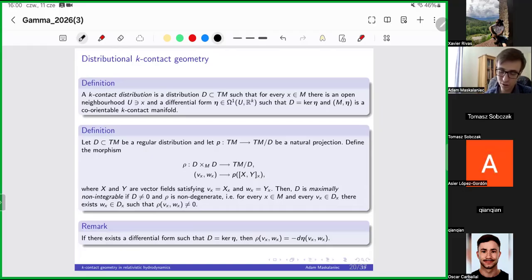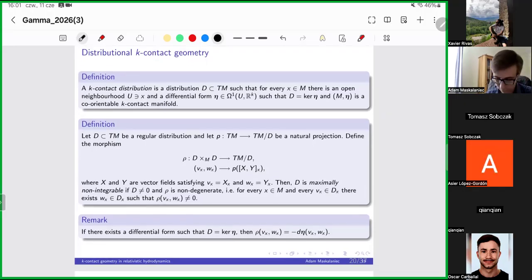So this condition can be understood as follows, that given any vector in D, we can find another vector in D such that their commutator is no longer contained in this distribution D. Okay.